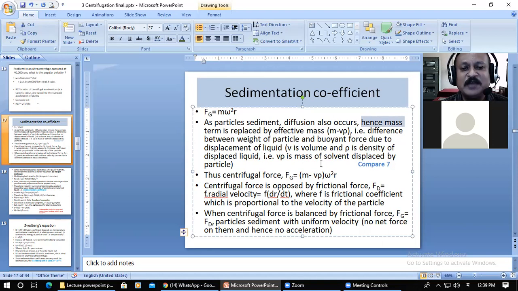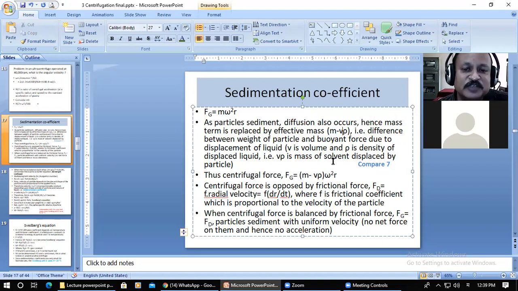The effective mass is given by the mass of the particle minus volume into rho of the liquid, that is the density of the liquid. Volume multiplied by density of the liquid means what? It is the mass of the liquid displaced by the particle.